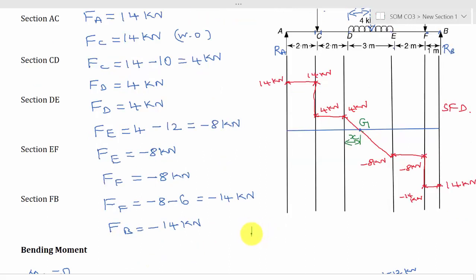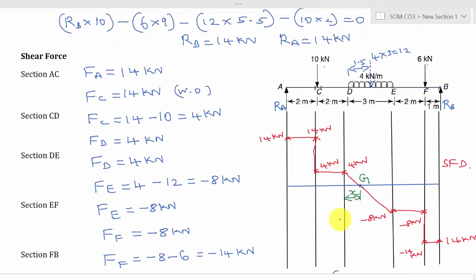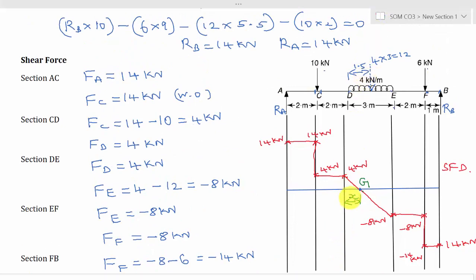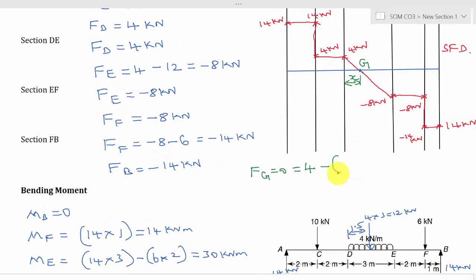So the shear force at G is equal to 0. That is equal to the shear force at point D, FD, which is 4 kilonewton. If you see the image, it is 4 kilonewton. At G, this uniformly distributed load is acting over a distance of X. So we already have the 4 kilonewton and it is minus the magnitude of the uniformly distributed load, 4 kilonewton, and the distance I have considered as X. So it is 4 minus 4 into X is equal to 0.